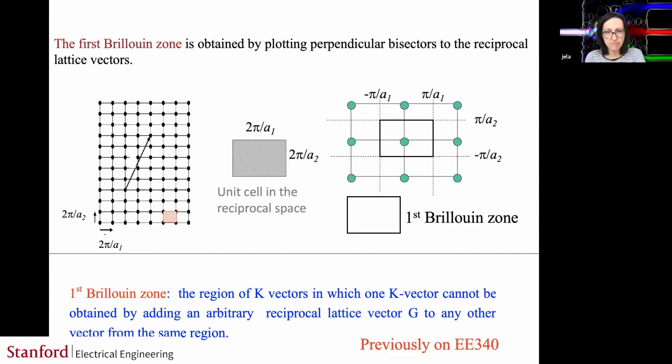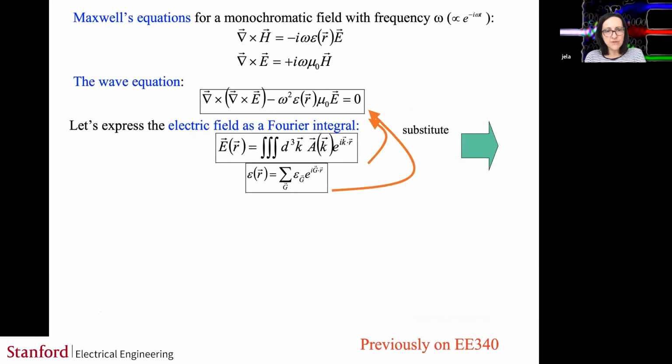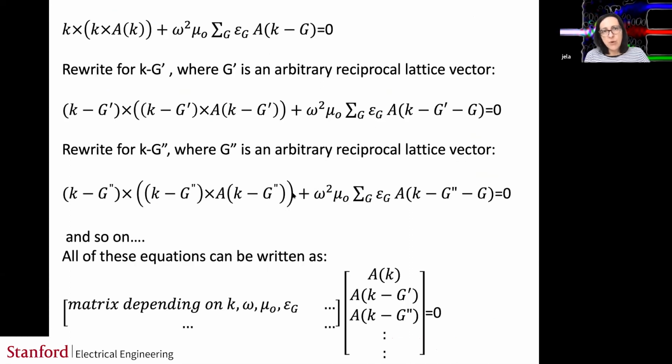So why am I emphasizing this? I'm emphasizing this because when you rewrite the master equation for K minus G prime, K minus G double prime, or any other arbitrary reciprocal lattice vector that is giving you translation relative to the original K that you picked, you still couple the same set of A of K coefficients.